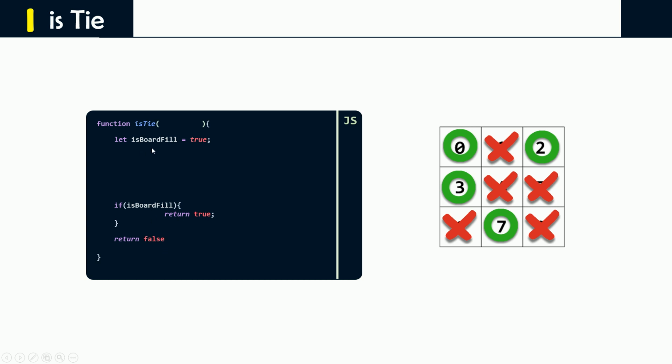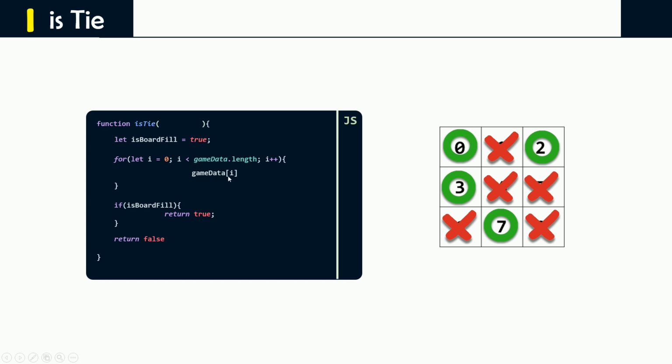How can we know that it's filled or not? We're going to just go and check a space by space. So I'm going to use a for loop to loop over my game data array and then check if the game data with index I is empty or not. So if game data I is empty, this code here will return false. If it's not empty, this code will return true.